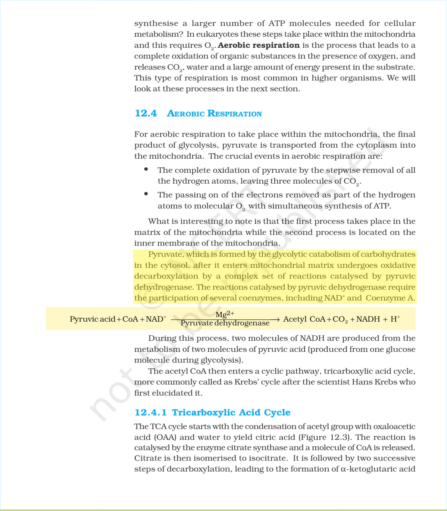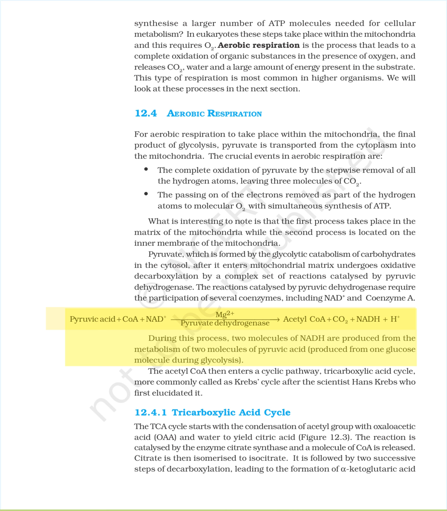Pyruvate, which is formed by the glycolytic catabolism of carbohydrates in the cytosol, after it enters the mitochondrial matrix, undergoes oxidative decarboxylation by a complex set of reactions catalyzed by pyruvic dehydrogenase. The reactions catalyzed by pyruvic dehydrogenase require the participation of several coenzymes, including NAD+ and coenzyme A. Pyruvic acid + CoA + NAD+ (Mg2+, pyruvate dehydrogenase) gives acetyl-CoA + CO2 + NADH + H+.